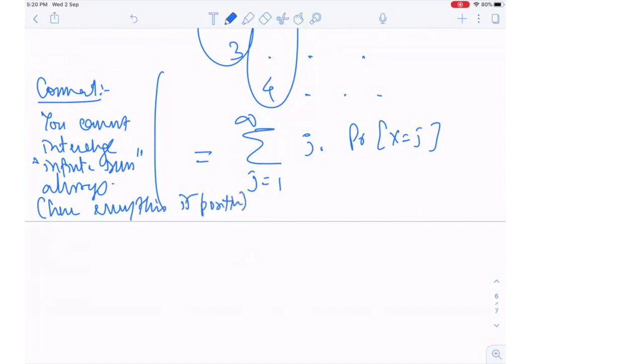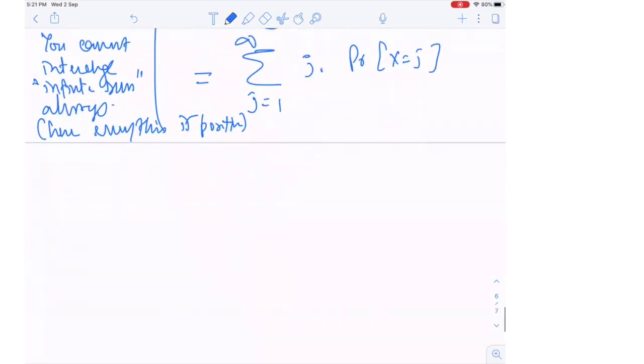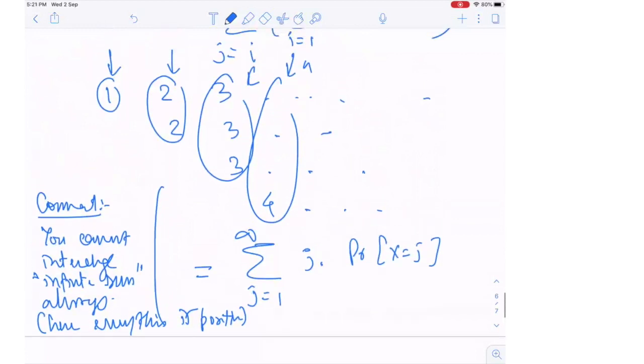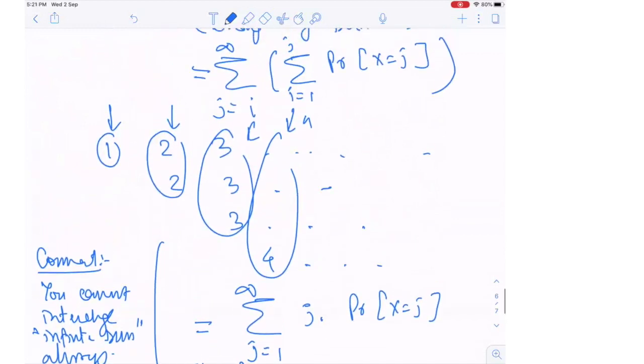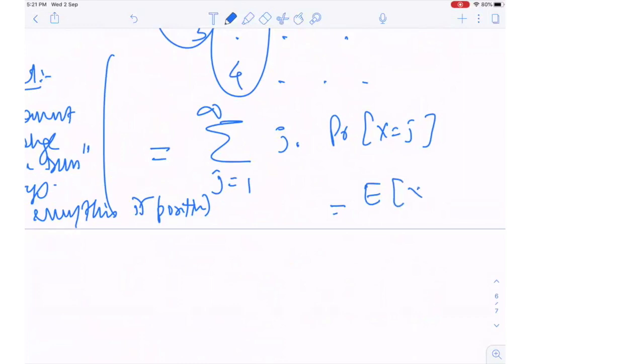There is a notion of limits of sums, which I'm not going to go through, but when every quantity is positive, you can interchange sums. Otherwise you cannot. Those who know mathematics will know well that infinite sums cannot always be interchanged, since things could go from convergence to divergence. But this is exactly our definition of the expectation of x.